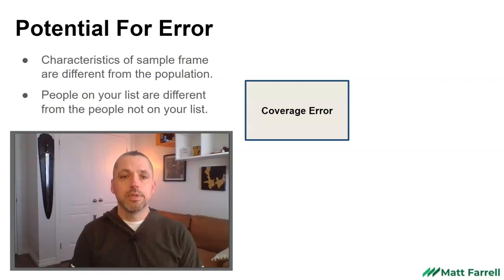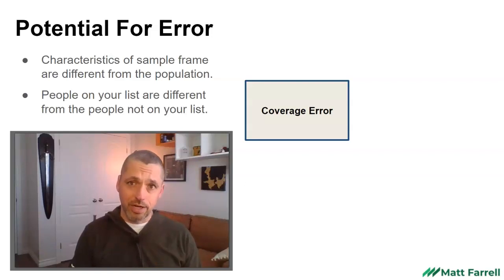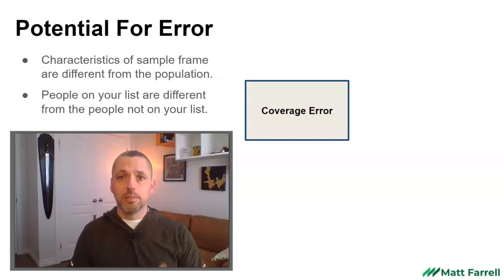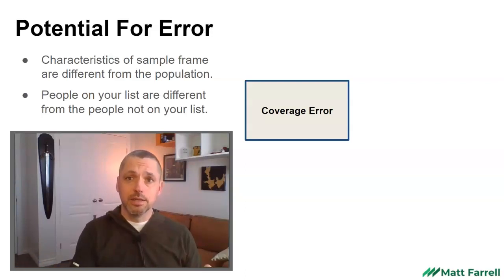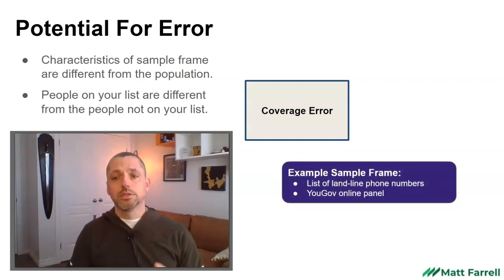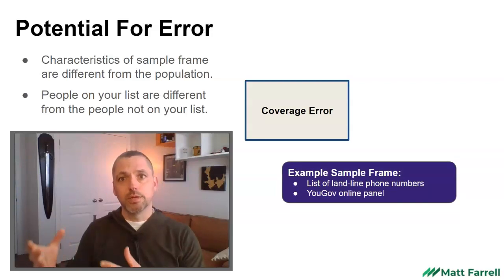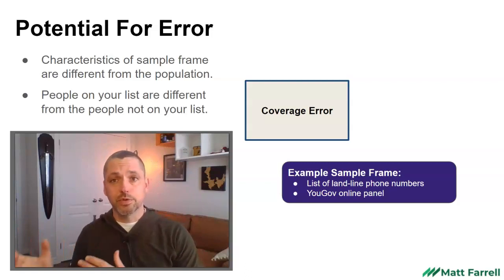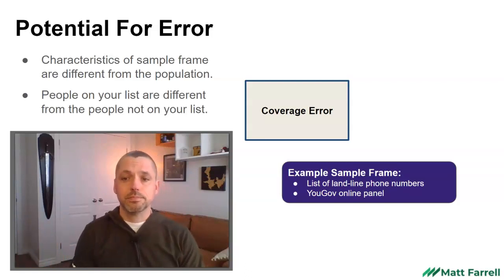And coverage error happens when the characteristics of our sample frame are different from the people in our population. Essentially, the people we have on our list to contact are not really representative of the population at large. So maybe we have a list of phone numbers, but it's only a list of landline phone numbers. That's not really representative of the entire population because many people use mobile phones for their primary telephone.